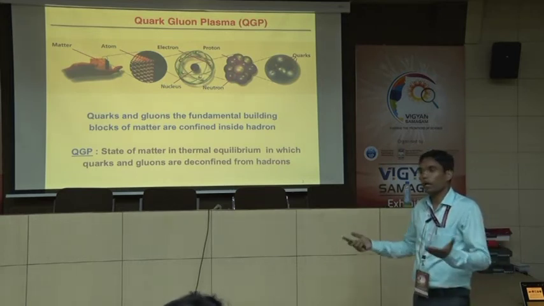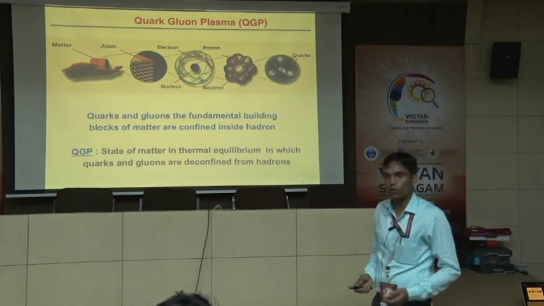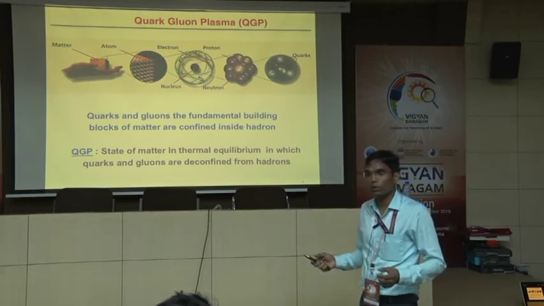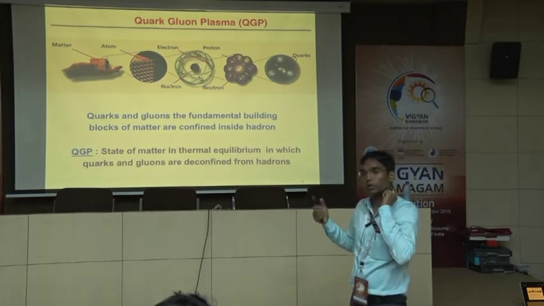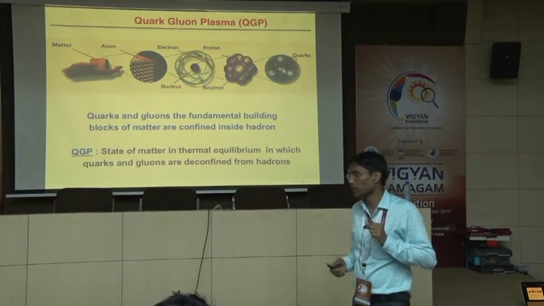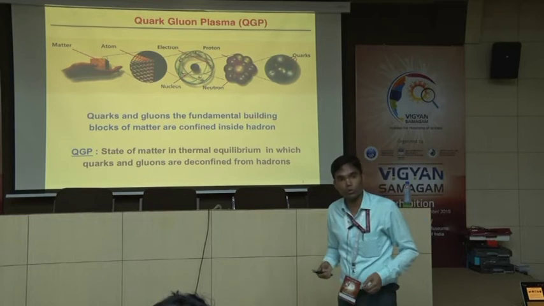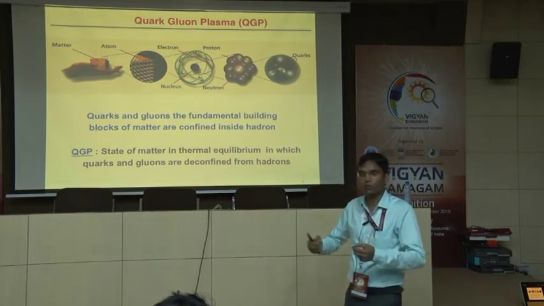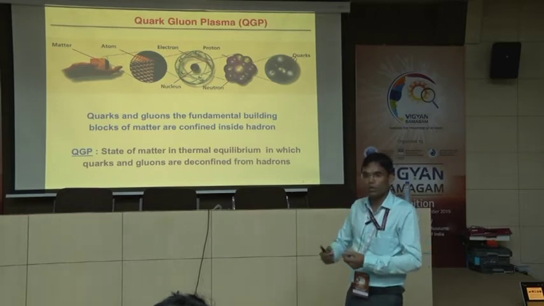You cannot have free quarks available. For example, electrons, you can have an electron, protons, you can have a proton, but quarks and gluons are not freely available. And why? Because of the nature of the force, they are governed by a strong interaction, right, and in the strong interaction, unlike your electromagnetic force, if you try to increase the distance between these two partons which are bound together, then the force increases.